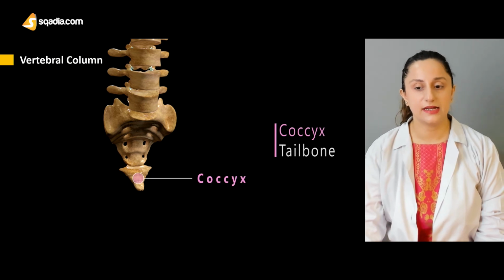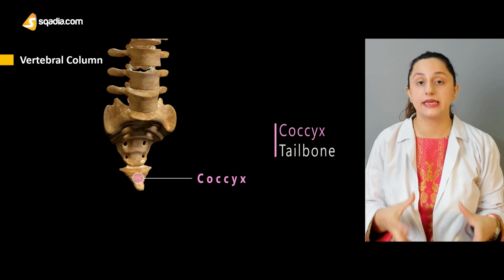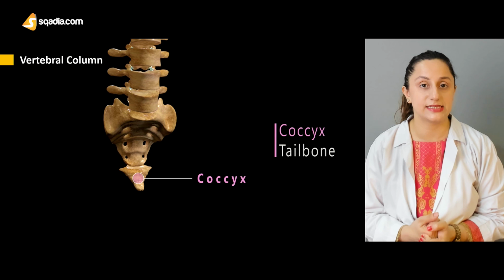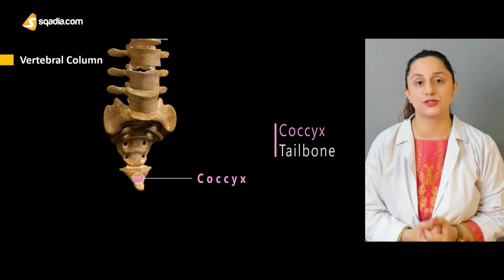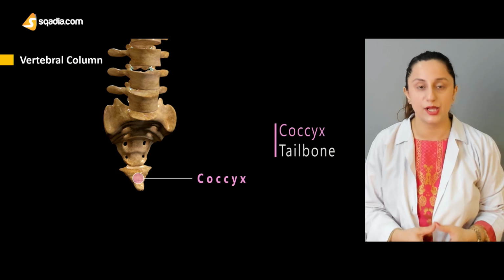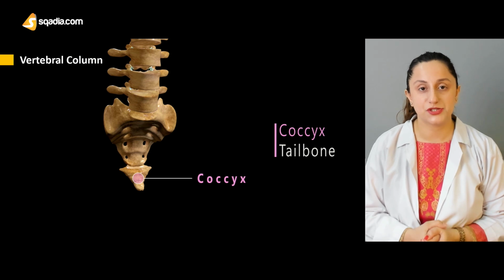Then we have the coccygeal bone, which is basically fused together. It is a tailbone, and there is a joint between the sacrum and the coccygeal tailbones, known as the sacrococcygeal joint. A limited or restricted amount of movement is possible at this joint, but of course, in a limited nature.